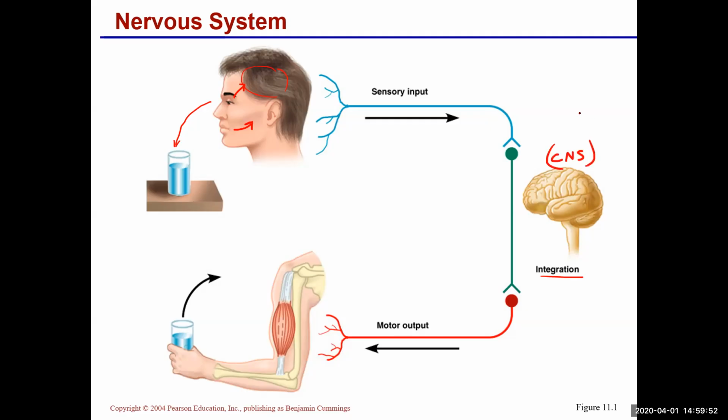So the central nervous system is comprised of the brain and spinal cord. Information needs to get there via the sensory input that occurs. So one thing you need to understand is that the sensory input takes information, whether from inside or outside of the body, towards the central nervous system, which is the integration. Most of the time, this is also known as a sensory neuron.